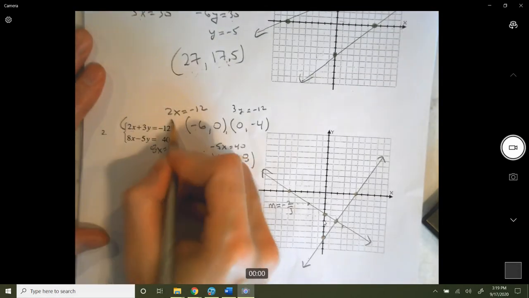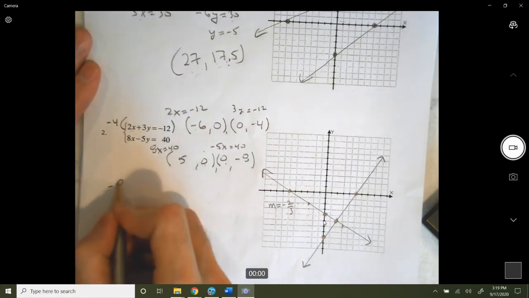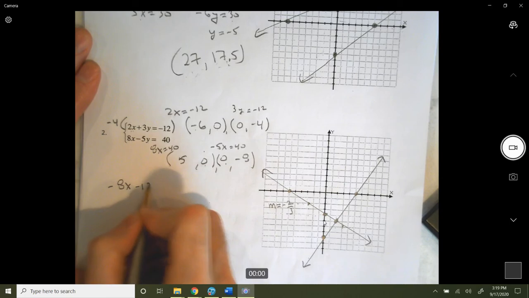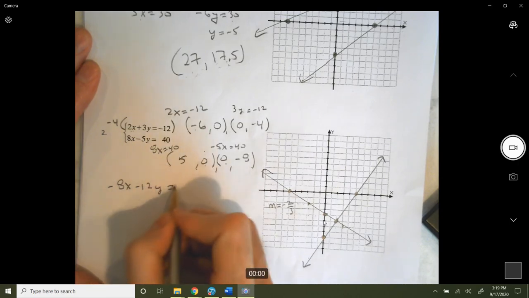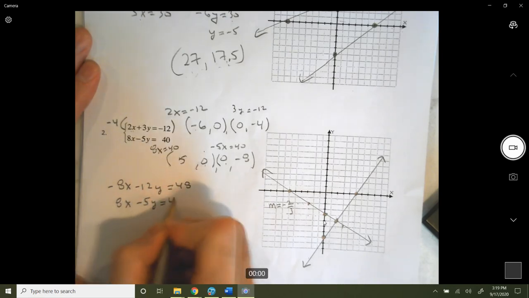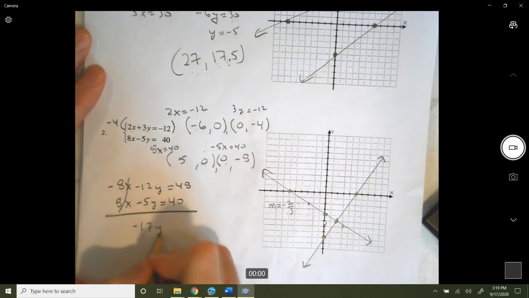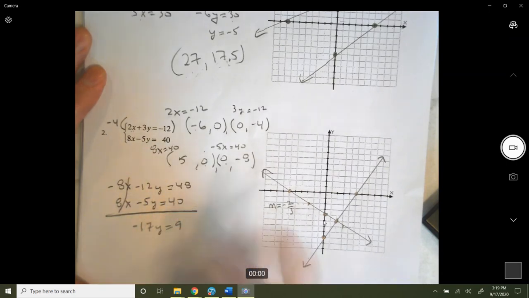Let's multiply the first equation by negative 4. So we get negative 8x minus 12y equals 48. And then we've got positive 8x minus 5y equals 40. Add those together, negative 17y equals 88.